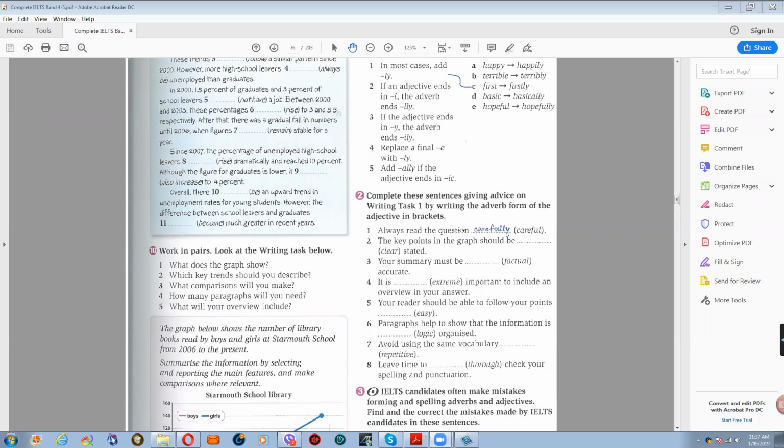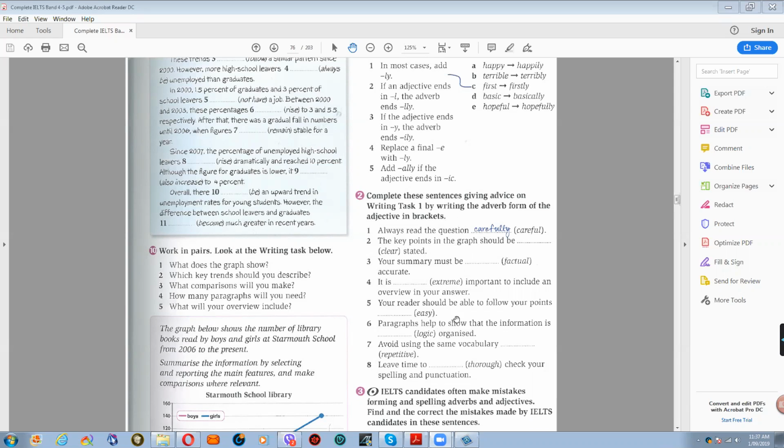Yes, so rule number 1: your summary must be factually accurate. Rule number 2: extremely important to include an overview in your answer. Yep, and that pretty much goes back to rule number 1, or rule number 4.